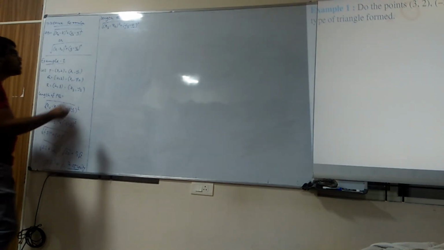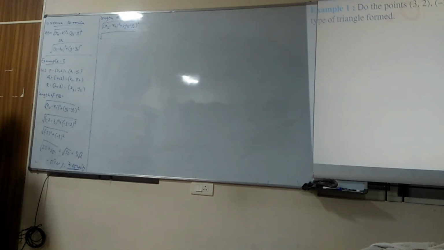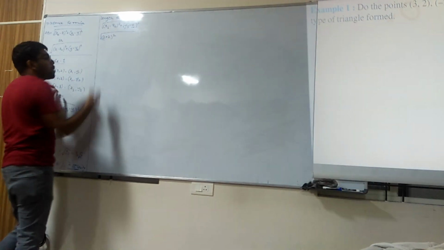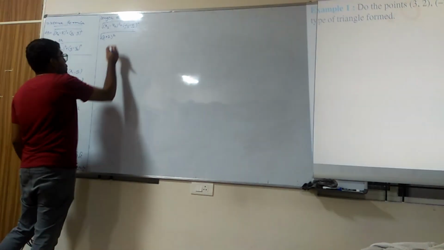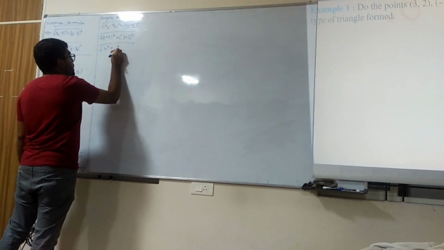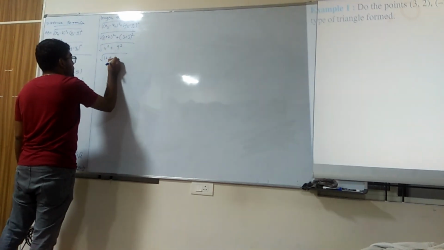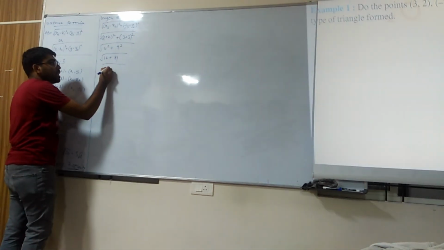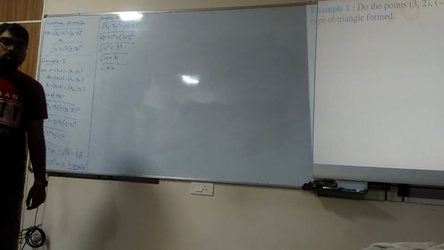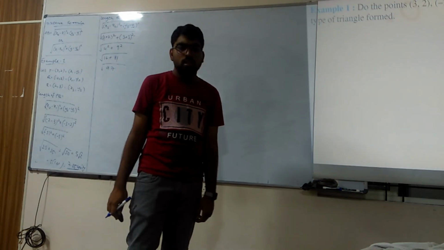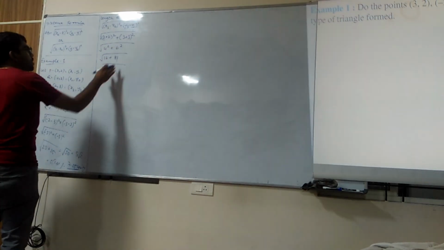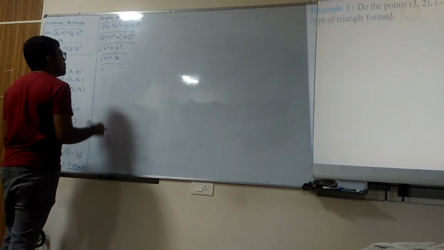Substitute: root of (2 plus 2) the whole square plus (3 plus 3) the whole square, root of 4 square plus 6 square, root of 16 plus 36, which is root 52.